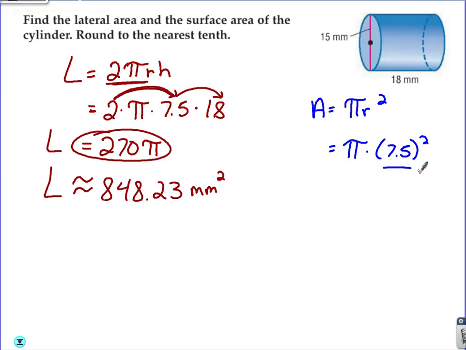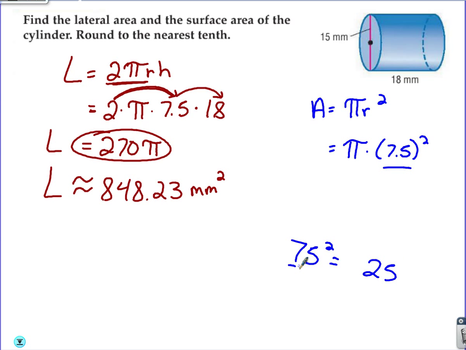Let me remind you of the shortcut that I told you a few weeks back. 75 times 75. Remember, it'll always end in 25.